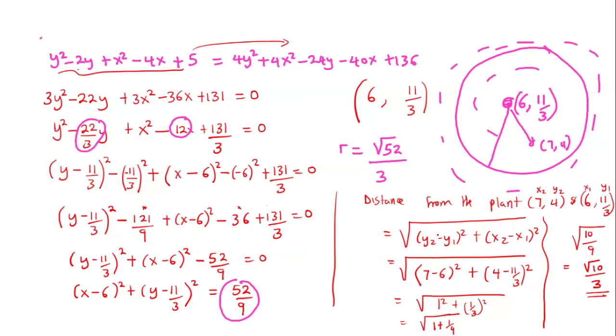Root 10 divided by 3 gives 1.05409. The radius, how far the water can go, is 2.403. So the distance from the center to the allocated point is 1.05.